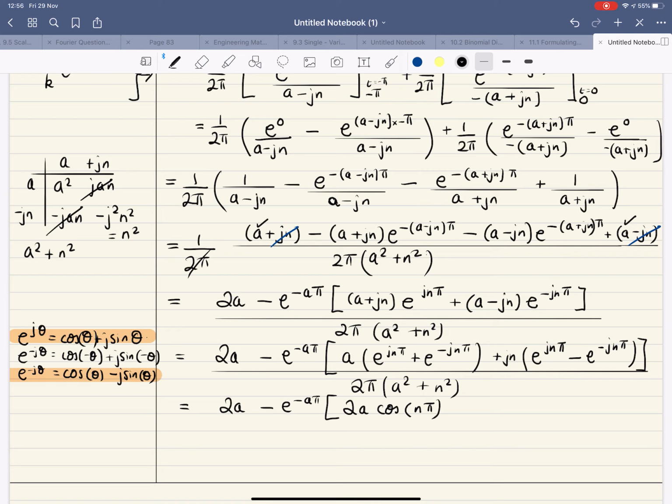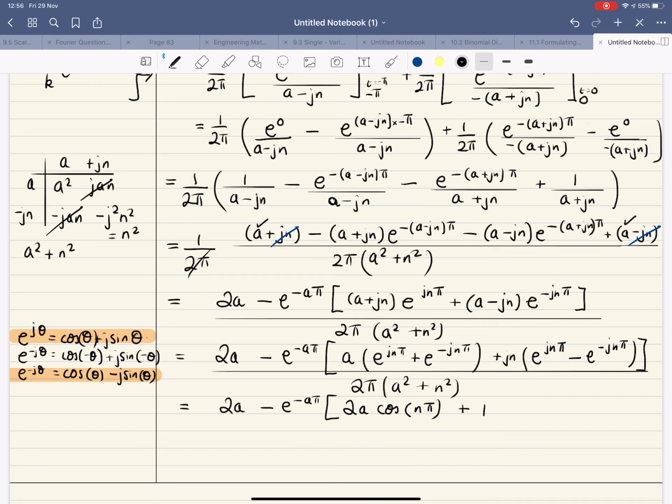Okay. And then when we do e to the j theta minus e to the minus j theta here, it's this one minus this one. So they cancel, and you end up with 2, because it's minus minus here. So it's 2j sine theta there.